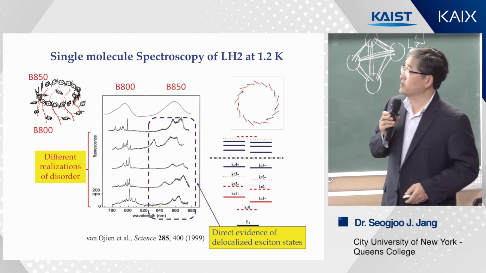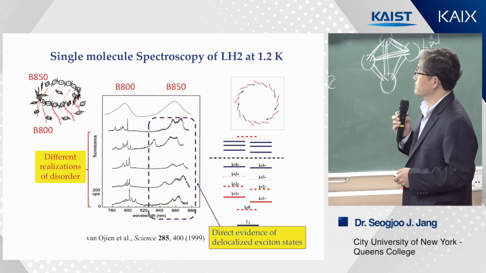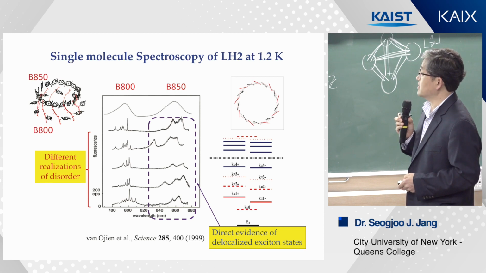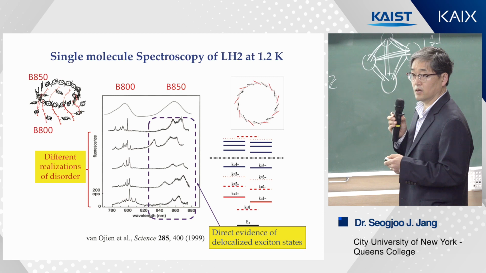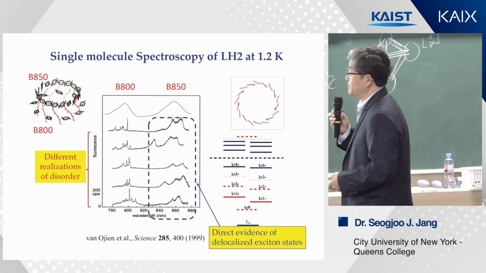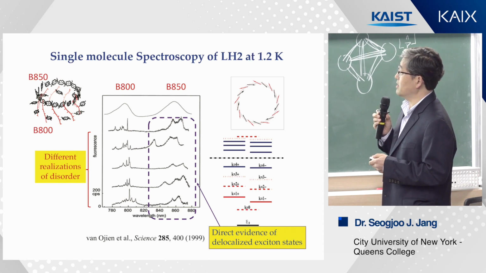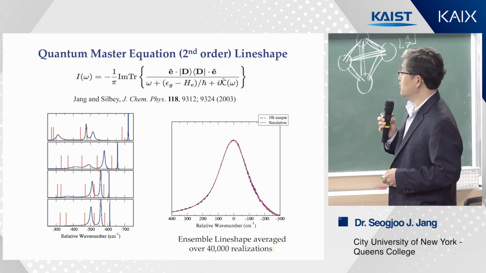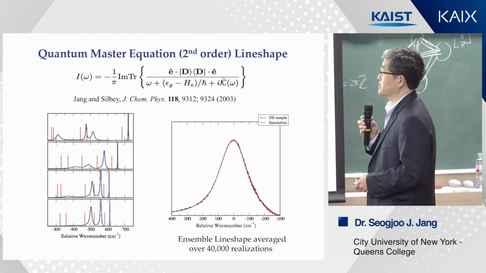Direct evidence for the formation of molecular excitons was reported only around 1999 by single molecule spectroscopy. This is the ensemble line shape of the 800 and 850 bands, but single molecule spectroscopy provided the fluorescence excitation spectrum of each complex, and each of these shows direct evidence of delocalized but discrete levels of excitons.